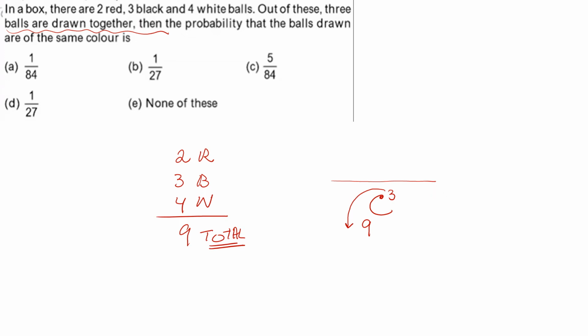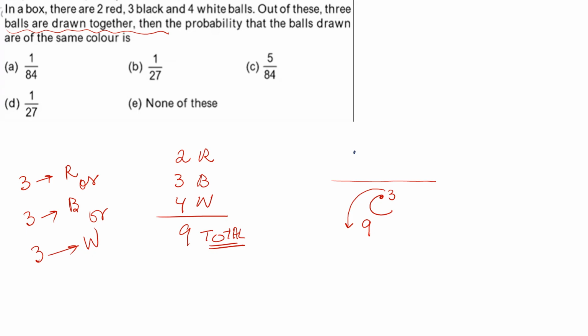You have to select in such a way that the balls drawn are of the same color, which means all 3 balls will be red, or all 3 balls will be black, or all 3 balls will be white. Now try to understand.